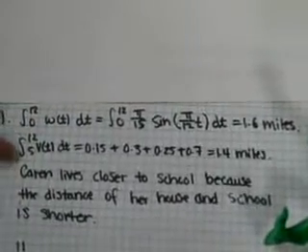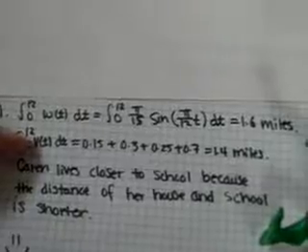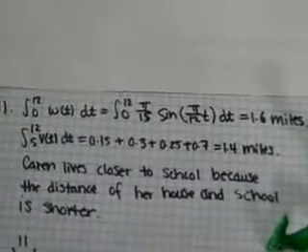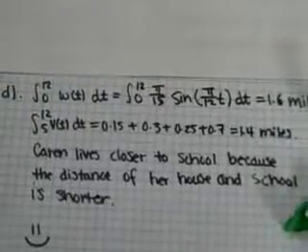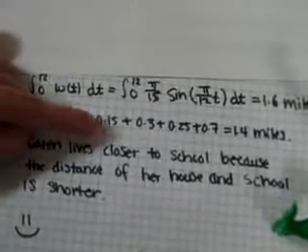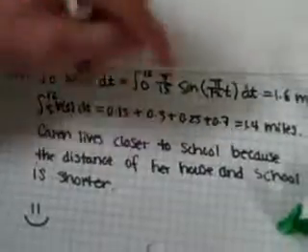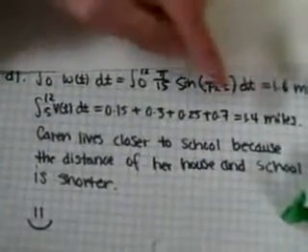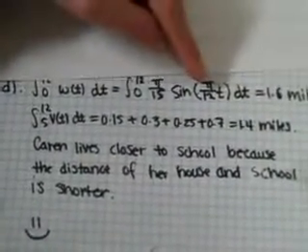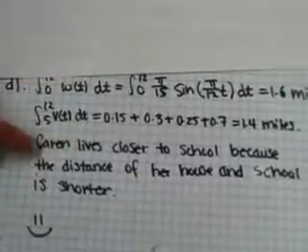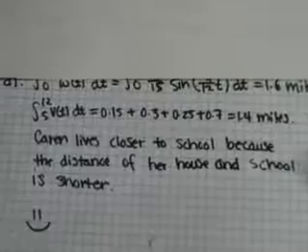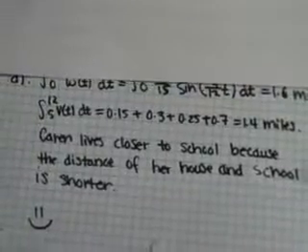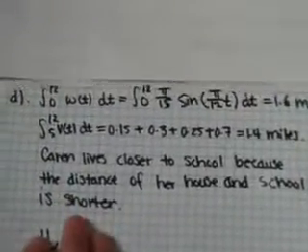And for the other one, it's 5 to 12 of v(t), because she forgot her homework at home, so she had to go back. It was in part C, because we skipped that. And then that's equal to 0.15 plus 0.3 plus 0.25 plus 0.7, which is equal to 1.4 miles. So the answer is that Karen lives closer to school because the distance between her house and school is shorter. So even though they got there in the same time, she forgot her homework at home, which is a problem.